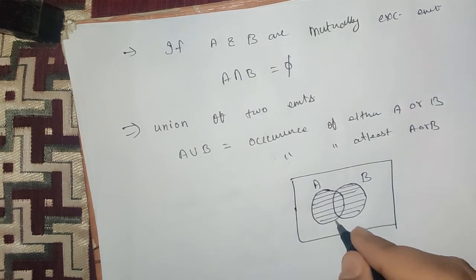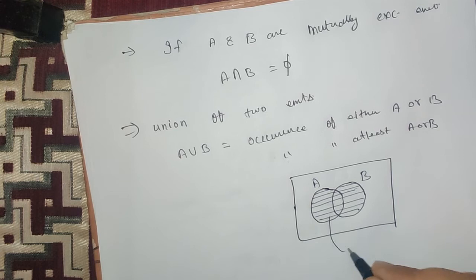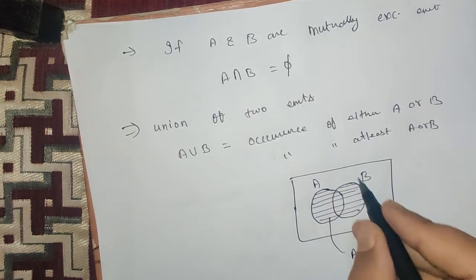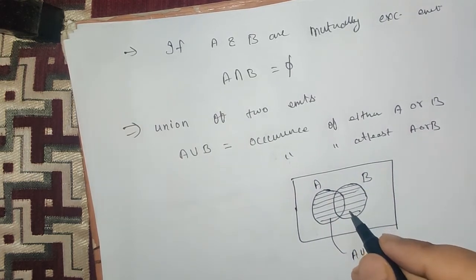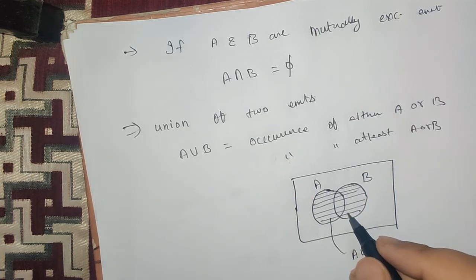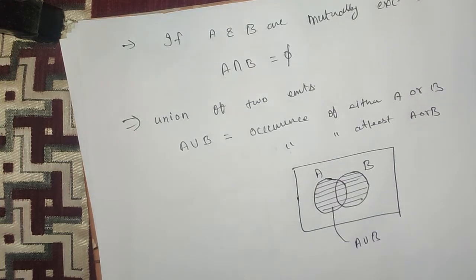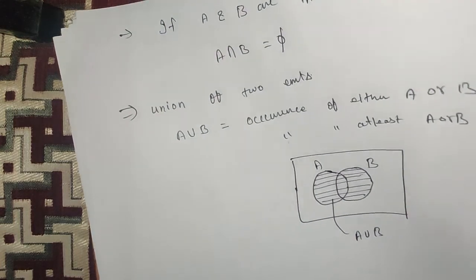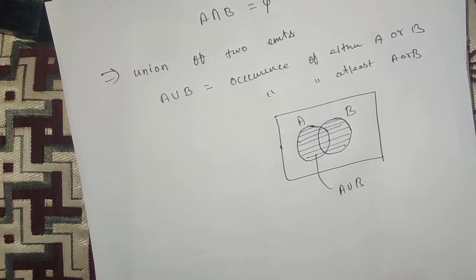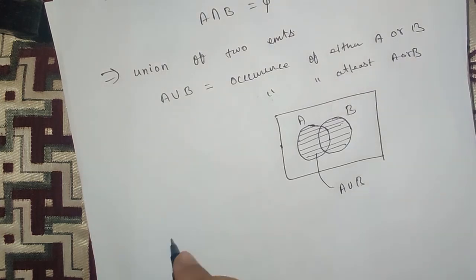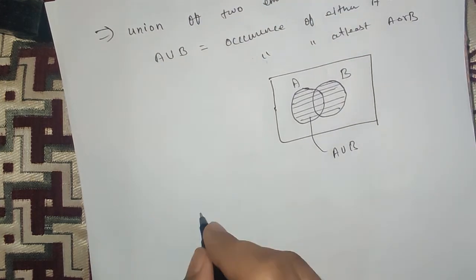This total shaded part is A union B. So A union B represents the occurrence of either A or B, or at least A or B. So what is the relation between union and intersection? Before that, I will discuss Venn diagram in more detail.